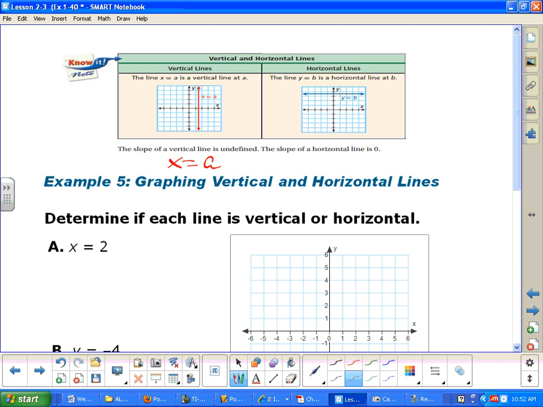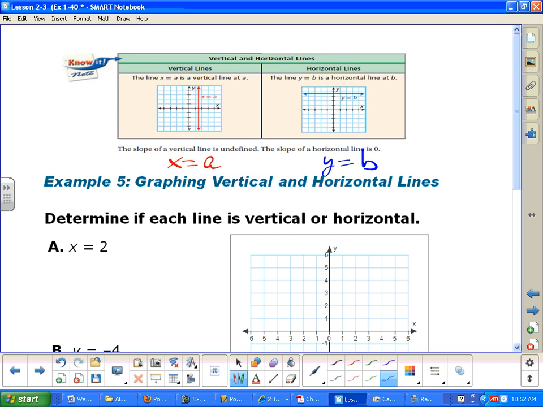So if it's x equals a number, then it's a vertical line at that point because it doesn't matter what the y value is. The x value is always that number. So I could plot that a bunch of times on the graph, and it would end up making a vertical line. Where if it's y equals, then all I'm graphing is just that y value all the time.